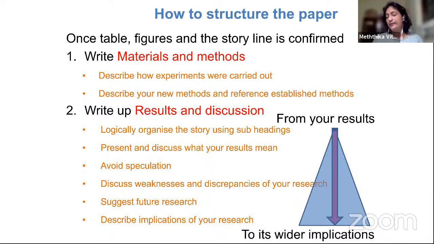Or you centrifuged and then filtered, and then you kept it in the freezer, in the fridge, and then you put some other things, and then only you analyze. So these are very detailed descriptions of materials and methodology in the thesis.